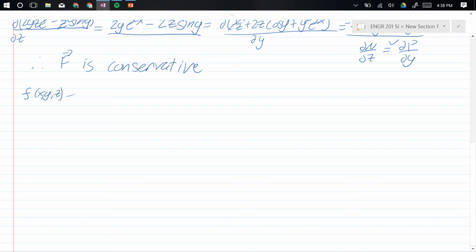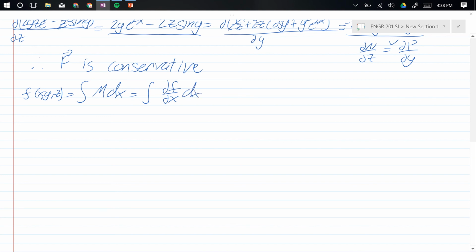To find f(x, y, z), we can say it's the integral of m dx, which is the integral of the partial of f with respect to x dx, which makes sense.